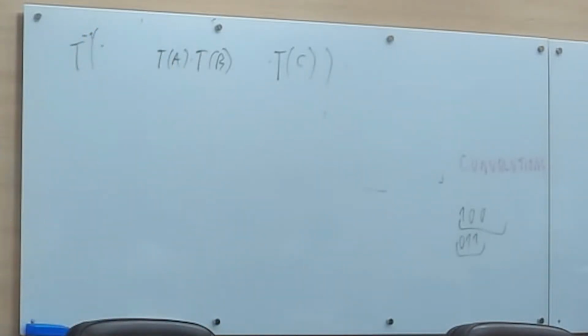We need to think about how T of B_i looks like.